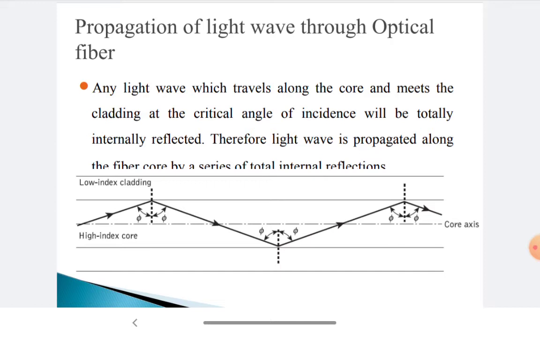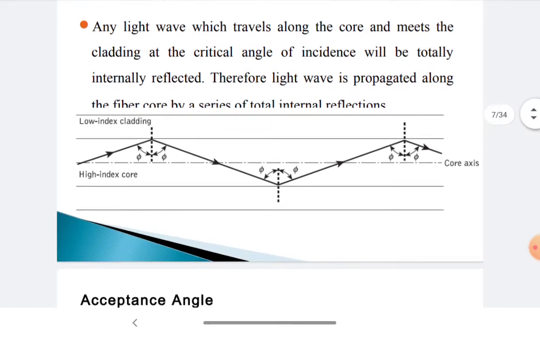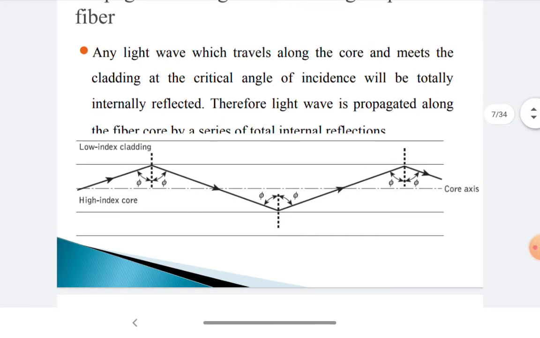That is the use of the cladding. When you start the attenuation chapter, you will understand how the cladding is useful for us. So that is the phi angle, with respect to the normal.